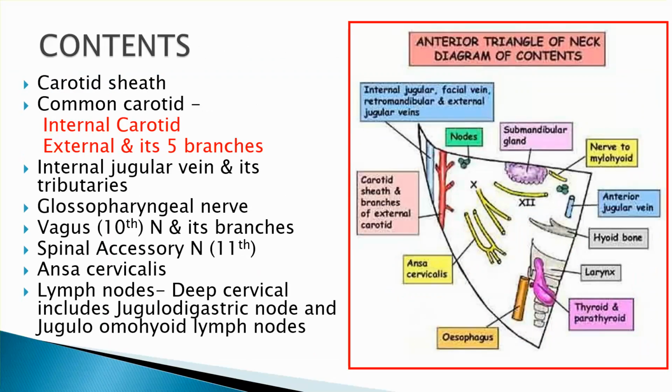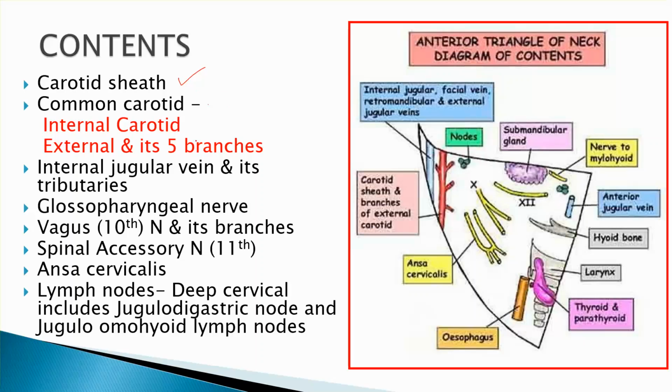Now the contents of the carotid triangle, we will have many contents. The carotid sheath, very important. As you see, the name carotid comes from the artery which is present here. We have the common carotid artery. In the diagram it is shown in the carotid sheath, and the branches of the external carotid we can see over here.